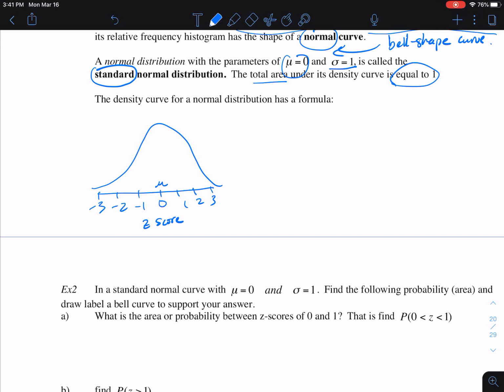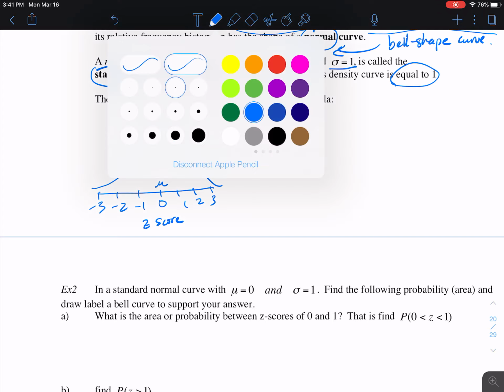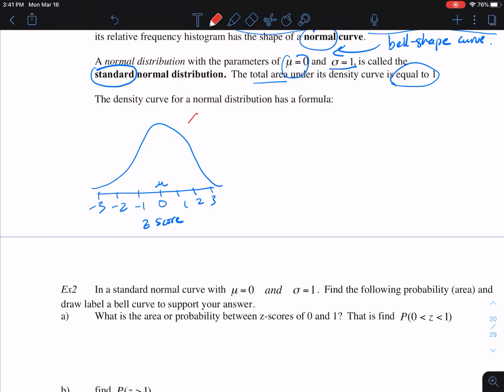And the equation for this curve, in math, is equal to e to the negative 1/2 times (x minus mu over sigma) squared, over sigma square root of 2 pi.